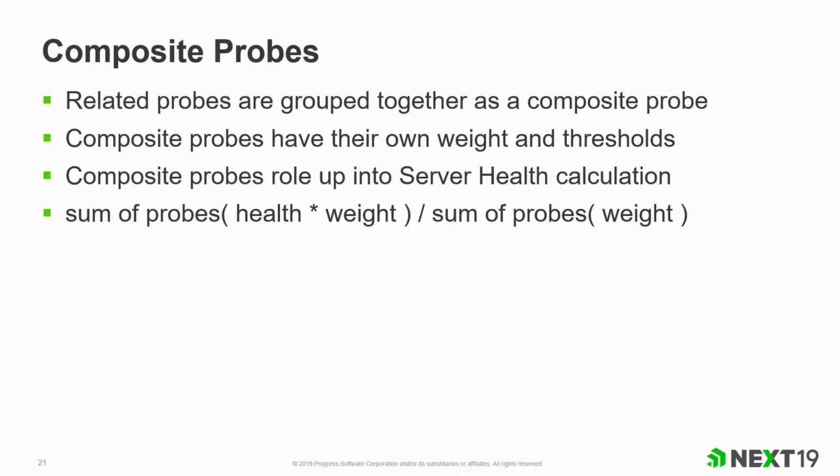For instance, OS resources are their own section. You can rate that higher, even though the individual probes have their own weighting, than something that's less important. Composite probes are rolled up into the whole server health calculation, and the math is the sum of the probes' health times weight, divided by the sum of the probes' weight.